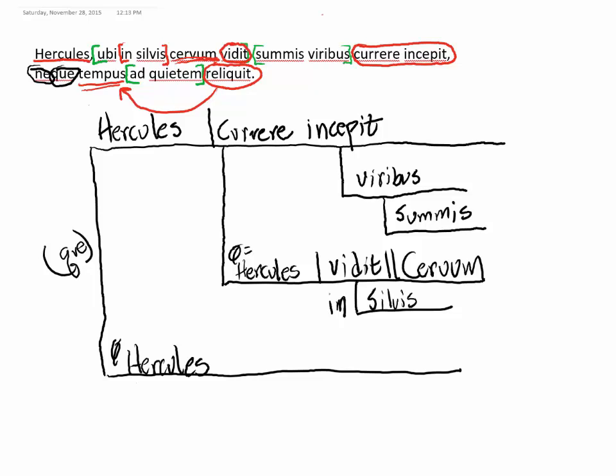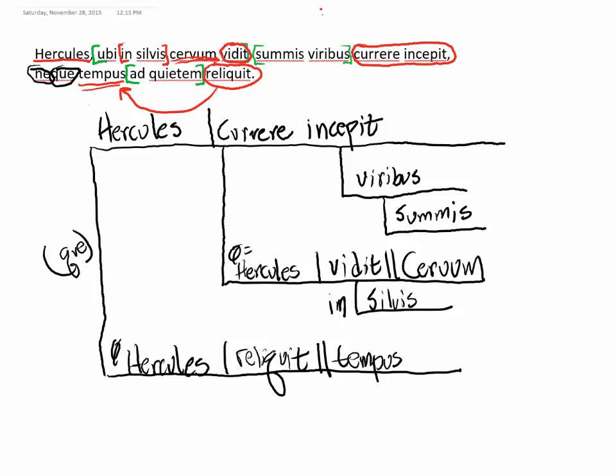So putting it together that way, we can take care of our entire kernel. So Hercules, gapped, is our subject. Reliquit is our verb. Tempus is our accusative direct object.